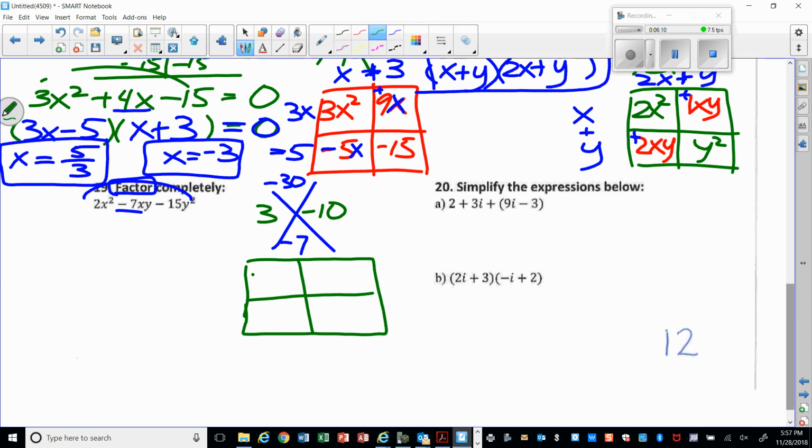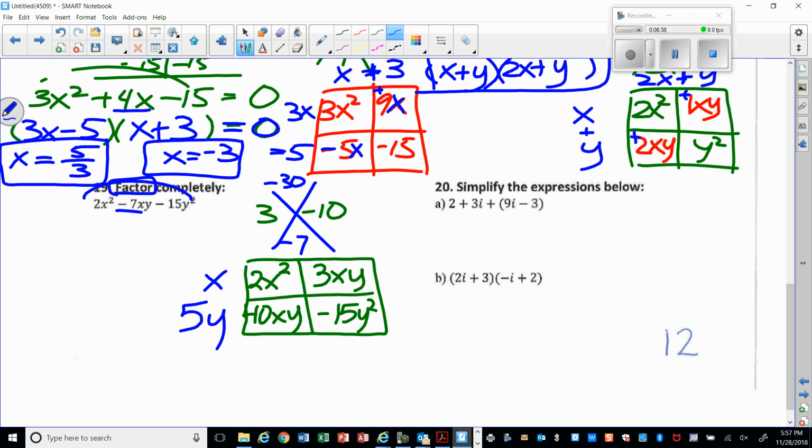The first term is 2x squared. Last term is negative 15y squared. And then I've got a 3xy and a negative 10xy for my middle terms. Now I'm just going to factor out my common factors. So I've got an x here and a y here. And then I have a 5.